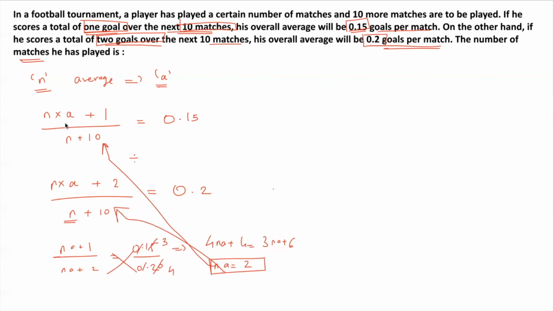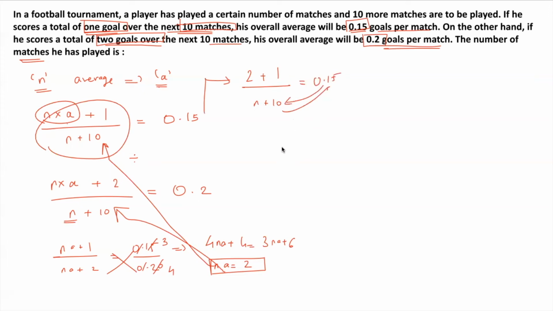For simplicity, I am putting it in the first equation. So na is equal to 2, substituting na as 2 here, it becomes 2 plus 1 divided by n plus 10 is 0.15. So now we get 3 divided by 0.15 is equal to n plus 10.